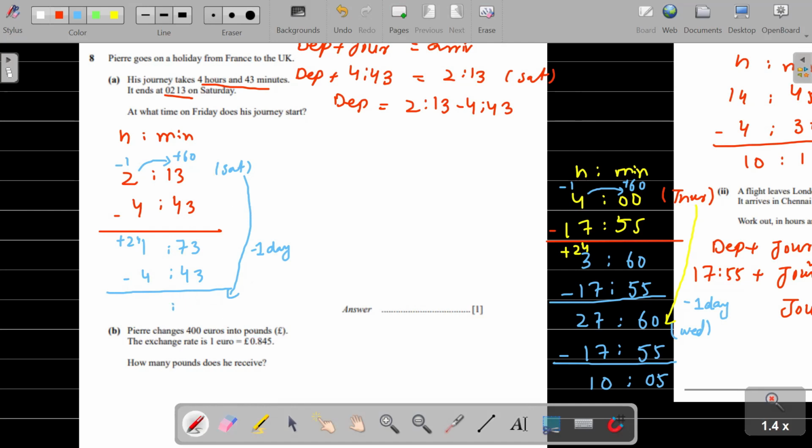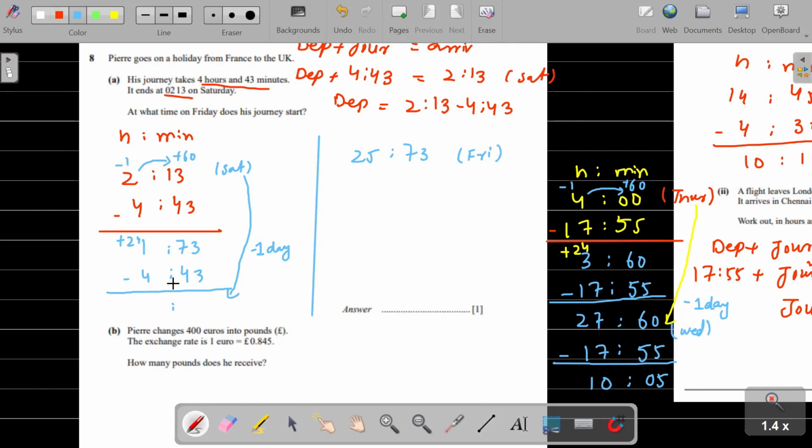So I'm going to rewrite the equation in this section because I'm lacking in space over here. It will be 73, and 24 plus 1 is going to be 25 as I have subtracted 1 day from it. So from Saturday back to Saturday is Friday. It will be Friday over here.